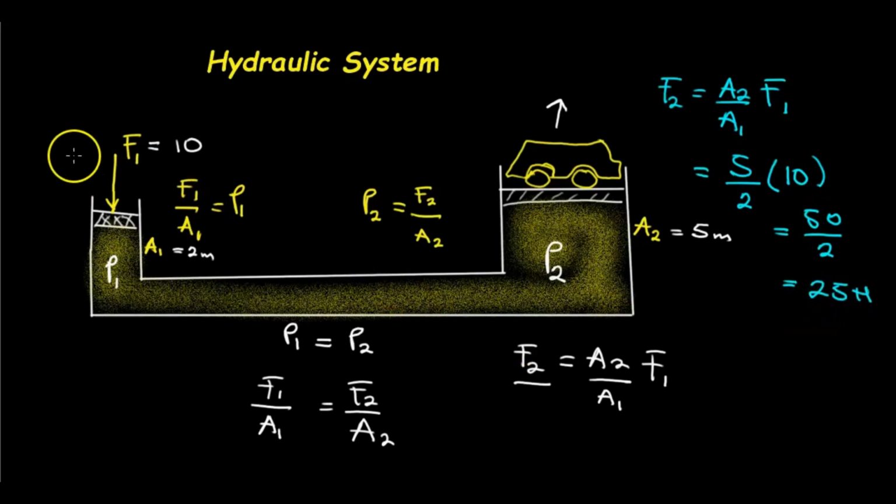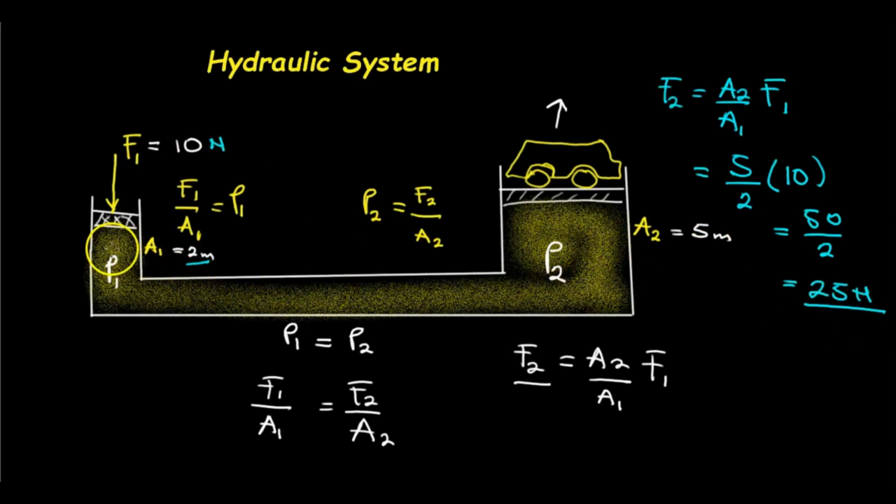So this tells us that if I apply a force of 10 newtons at a cross-sectional area of 2 meters, and at the output I have a cross-sectional area of 5, I'm getting an output force of 25 newtons. You could see clearly that though the difference in area is very small, but look at the difference in the force.